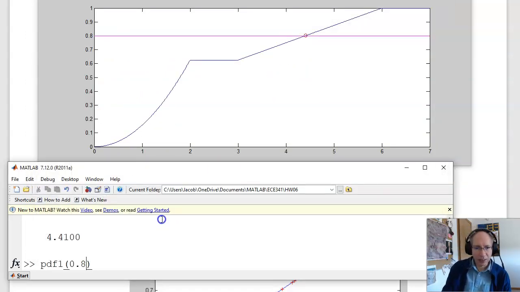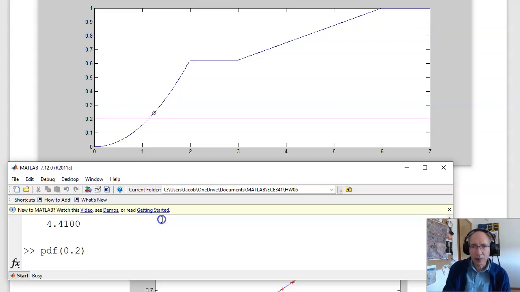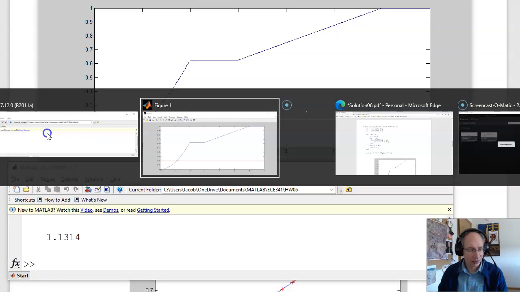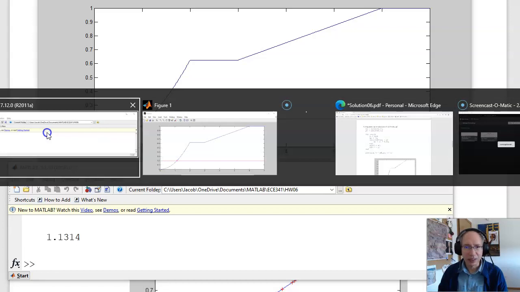If I say PDF of 0.2, my first midpoint is 5, 2.5, 1.25, and that was kind of quick. Let's slow that down. Yeah, I lost it.